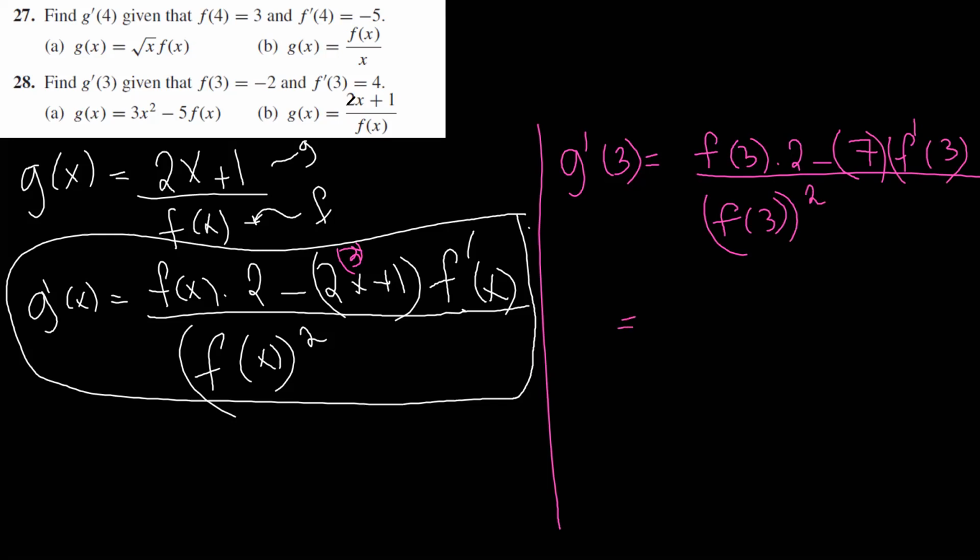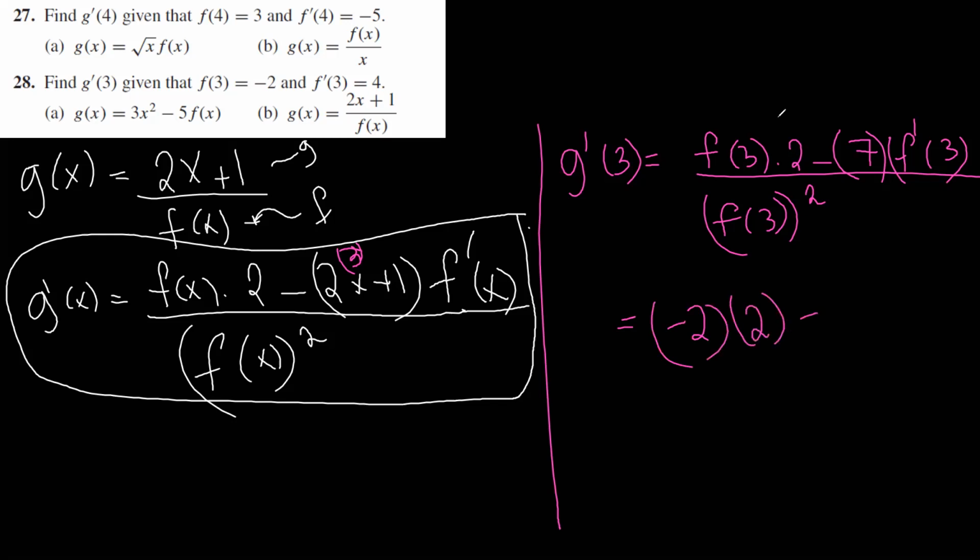Thank you, Lana. Thank you, Hannah. Yes, Mihad, now let's continue. What is the value of f of 3? Negative 2. Negative 2 times 2 is negative 4.